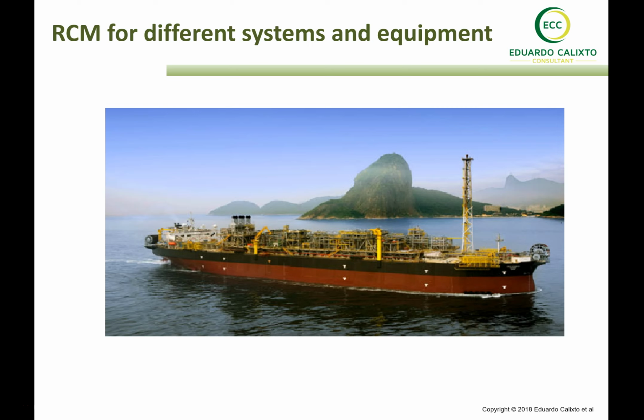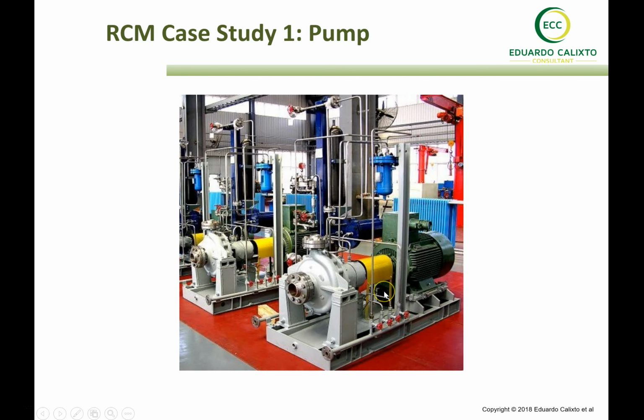We start our RCM, and for that we have, of course, criticality analysis, as demonstrated before in the previous module, that will give you a hierarchy of RCM implementation. And of course, in some cases, it's very clear which equipment have low performance and where the maintenance tasks need to be reviewed.